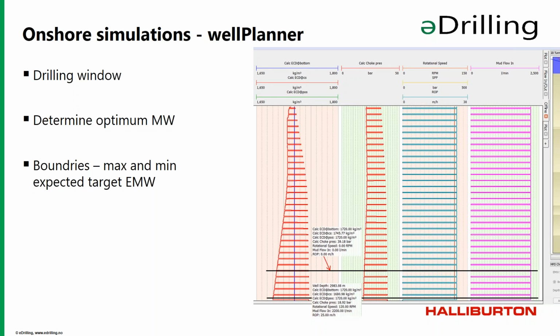We use the same model both for the online simulations and also the same model and view offshore. What we look at is the boundaries, what would be the minimum target you want to achieve, the maximum, and also where you want to hold the pressure constant. Do you want to hold it constant at the shoe, which is the weakest link, or can be? Do you want to hold it in the middle of a section, for instance, top reservoir, or continuously at the bottom?